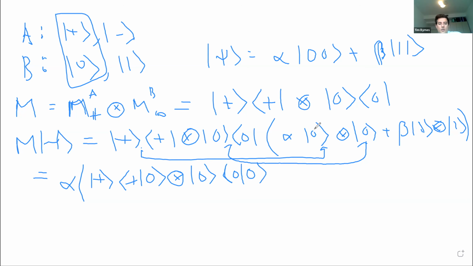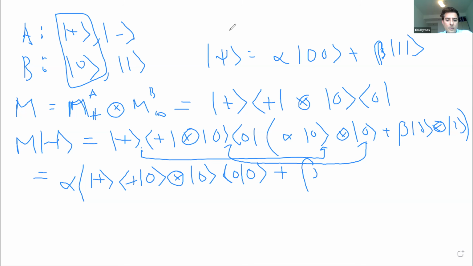So that's the first term here, right? We've just multiplied this measurement operator with this first term.